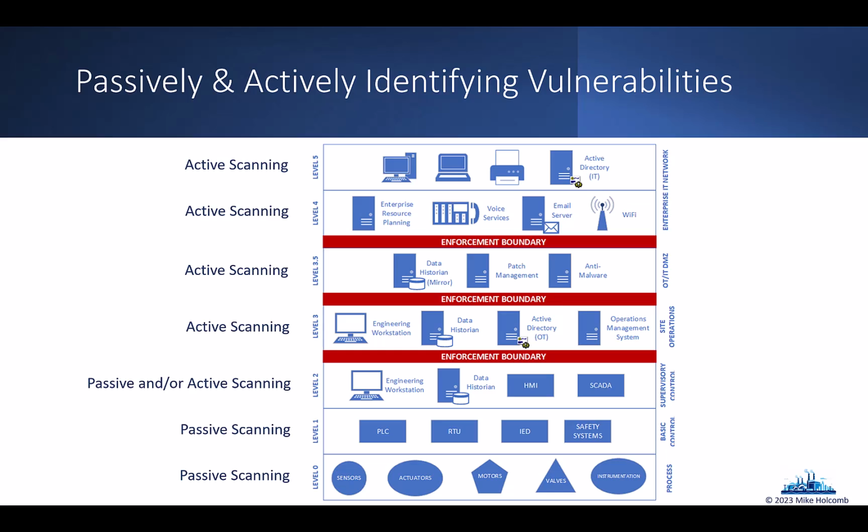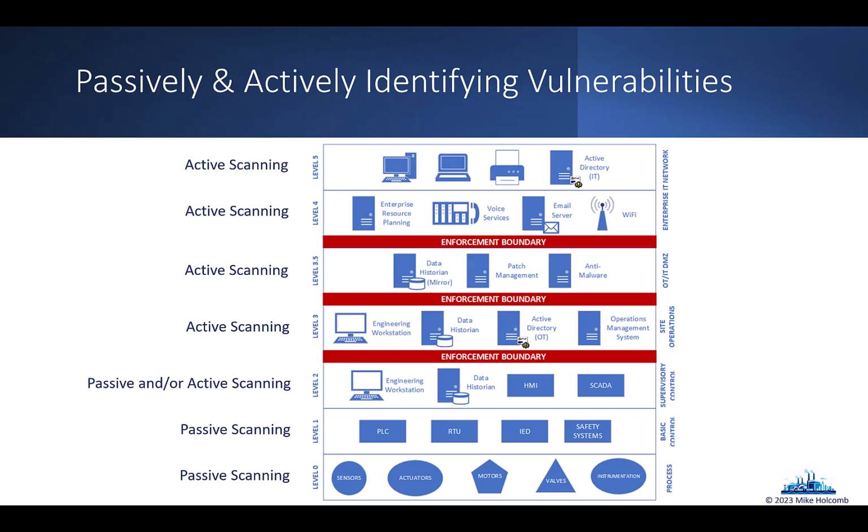And we're almost not going to actively scan any of those lower levels either. That's where we're going to rely on things like passive scanning or on our asset register to determine if there are vulnerabilities in these different types of systems. But only after careful consideration.